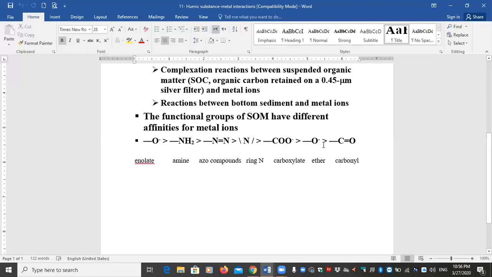They are given in this order: enolate, amine, azo compounds, and so on, until we come to the carbonyl at the end. So they all don't have the same strength, the same affinity. The humic substances do not have the same strength when they interact with these groups.